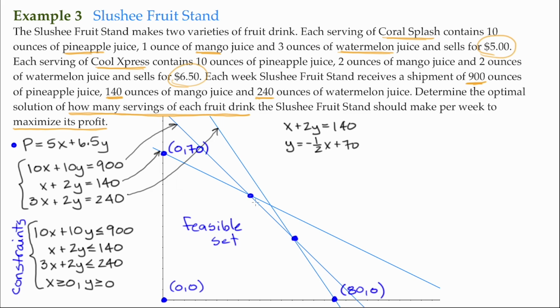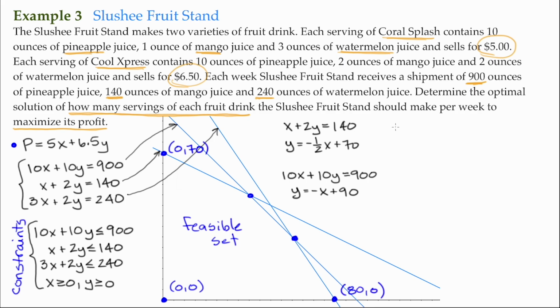And that intersects right here with 10x plus 10y is equal to 900. We'll write this in slope-intercept form. That's going to be y is equal to negative x plus 90. So now we make these two equations equal to each other and solve for x, and then use that value to determine y.